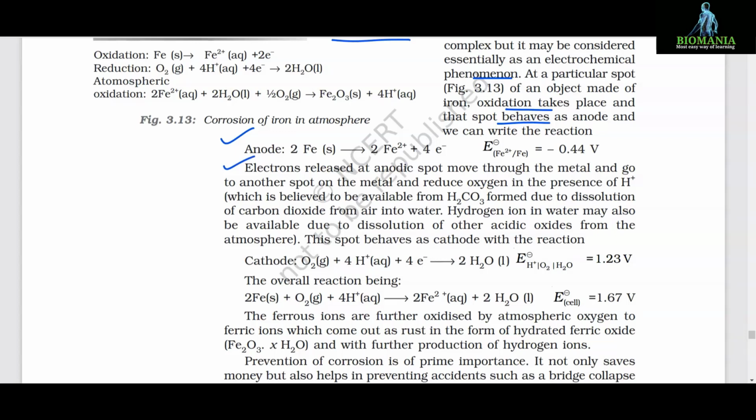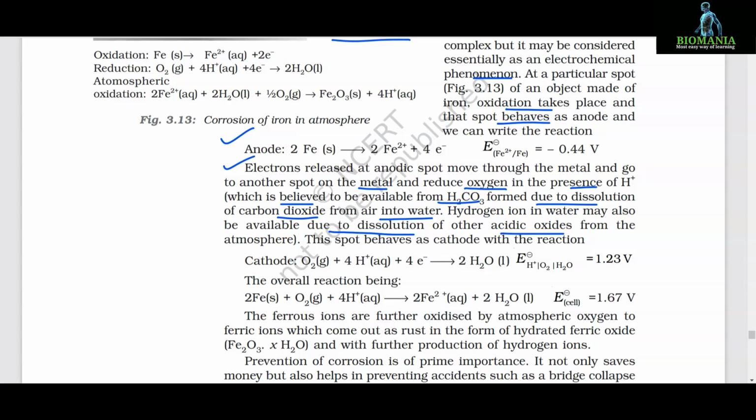Electrons released at anodic spot move through the metal and go to another spot on the metal and reduce oxygen in the presence of H ion, which is believed to have available from H2CO3 formed due to dissolution of carbon dioxide from air into water. Hydrogen ion in water may also be available due to dissolution of other acidic oxides from the atmosphere.